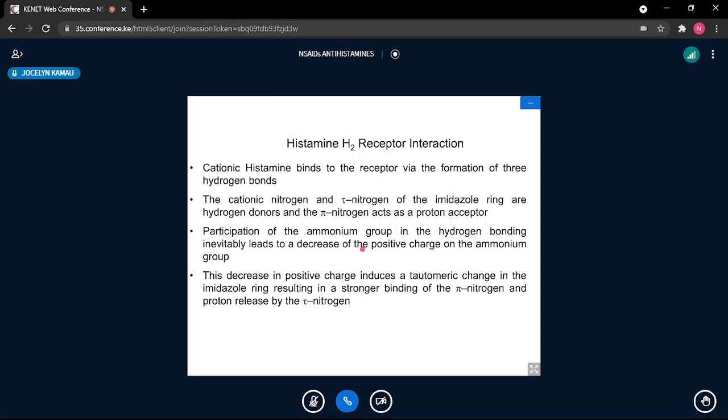That hydrogen, which is part of the nitrogen, can bind the receptor, the H2 receptor, through hydrogen bond. Because you know, when you have a hydrogen attached to a nitrogen, it can bind through hydrogen bond.